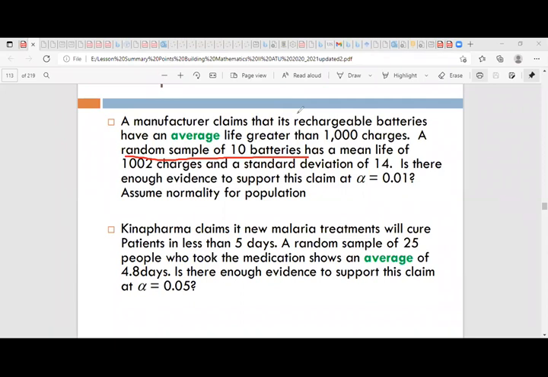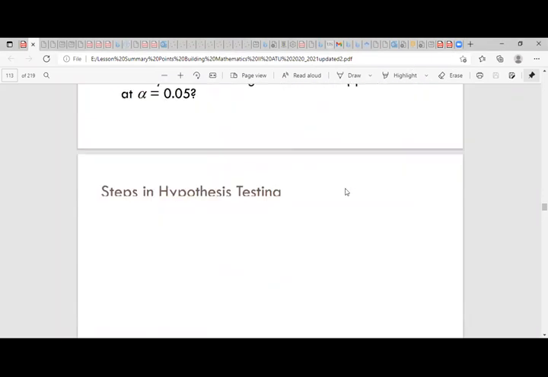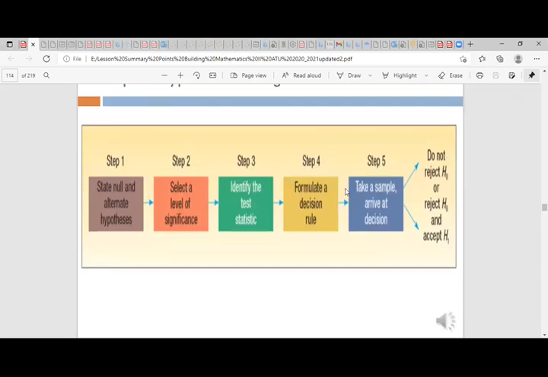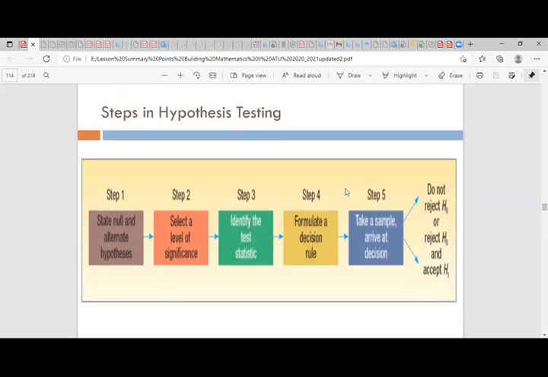Very good. So let's proceed from there. We now want to look at the steps in every hypothesis test.